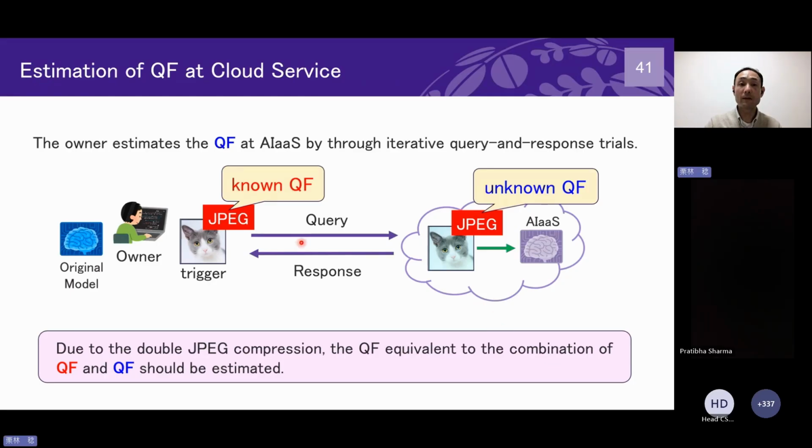But the owner only knows the quality factor as the first JPEG compression. For the JPEG compression at a cloud server, the quality factor is unknown. So it is difficult for the owner to get the information about the quality factor in this scenario. But the owner tries to estimate the quality factor by making iterative query and response trials.